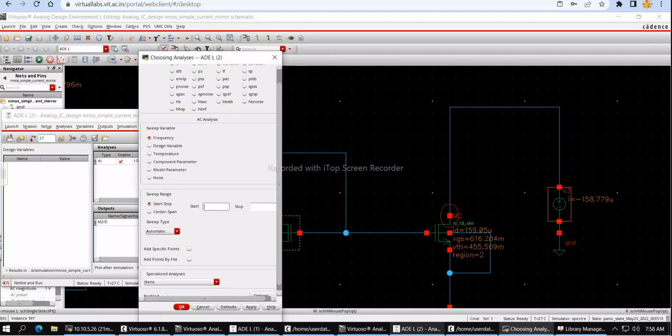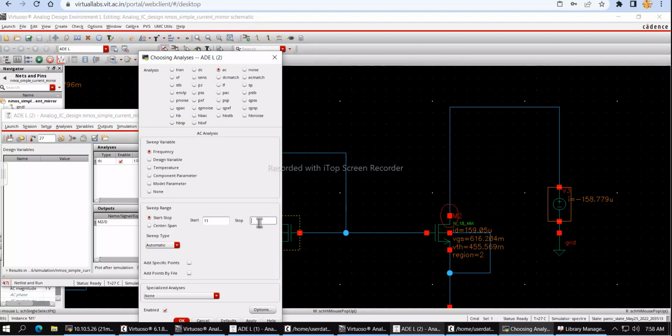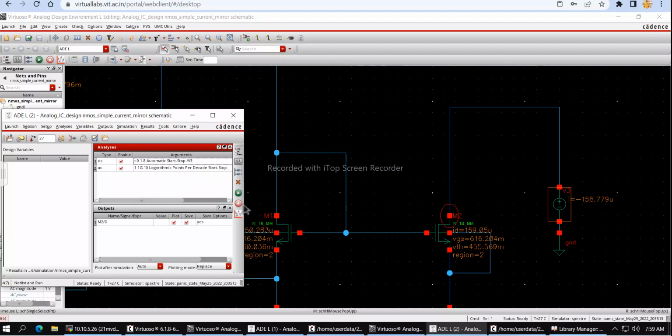We have to do the AC analysis from 1 Hz to 1 GHz. We shall keep the frequency logarithmic. And we are plotting that current.